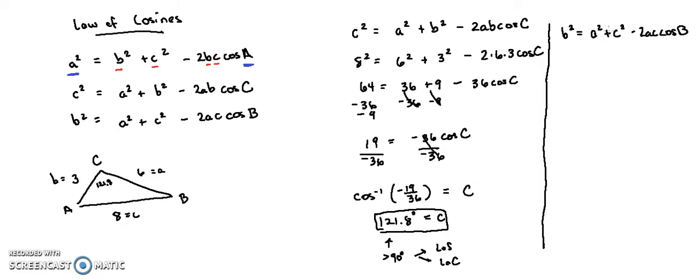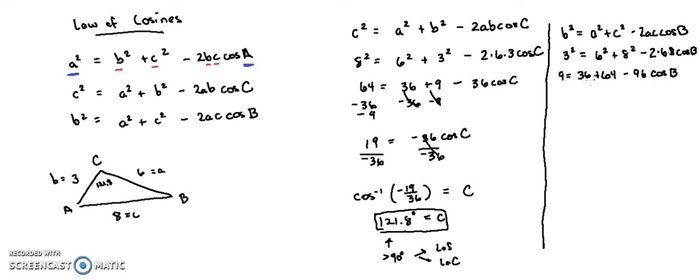We've got the B's on the ends, A and C in the middle, and that's going to give us 3 squared equals 6 squared plus 8 squared minus 2 times 6 times 8 cosine B. So we've got 9 is equal to 36 plus 64 minus 96 cosine B.